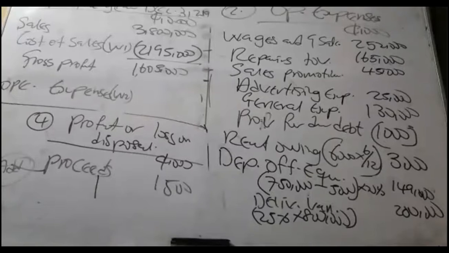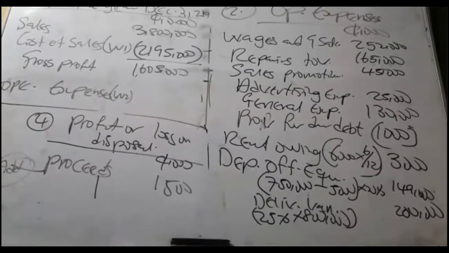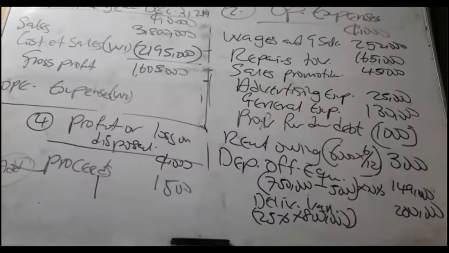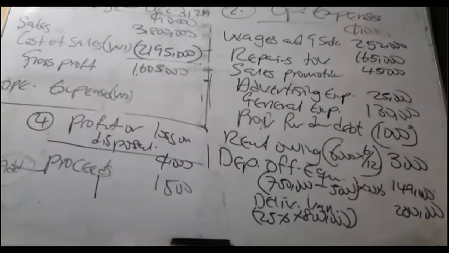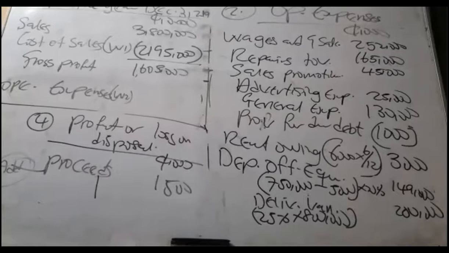Kindly include the cash. I hope you've done that. So this means that the cash balance that will be used in the financial statement will be 14,500. Good. I hope everyone has done that.